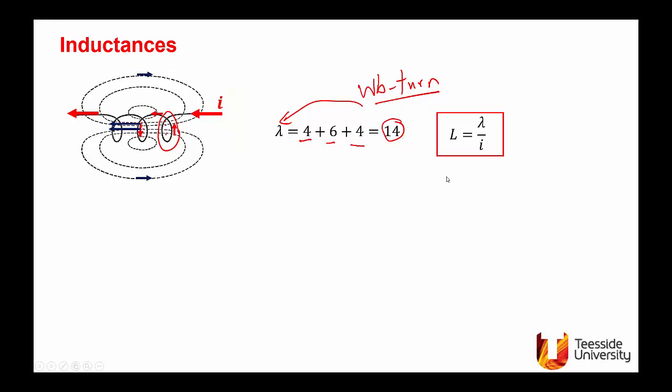Now, if all the turns of the coil were linked by the same flux phi, so if all the turns were linked by phi, then lambda will be N phi. That's approximate. And you'll find in many books and equations, they just consider N phi as the flux linkage. That is not the general case.